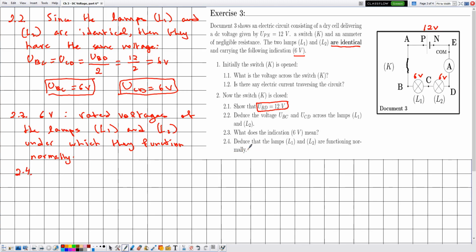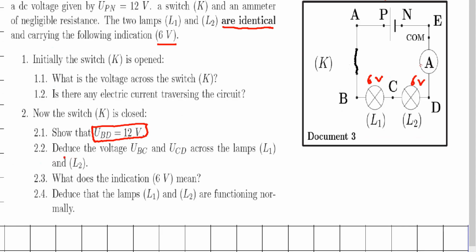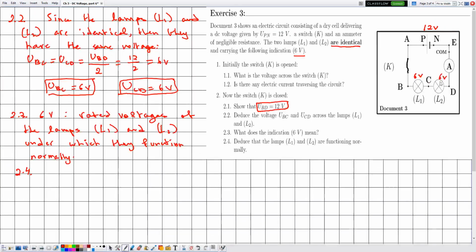Now in 2.4 they are telling me to deduce that the lamps L1 and L2 are functioning normally. In part 2.2 we have deduced that the voltage UBC across the lamp L1 is 6 volts and the voltage across the lamp L2, which is given by UCD, is equal to 6 volts, and this is equal to the rated voltage.